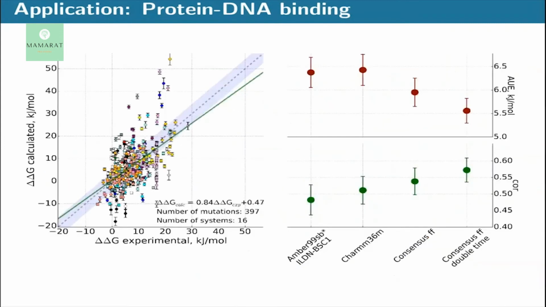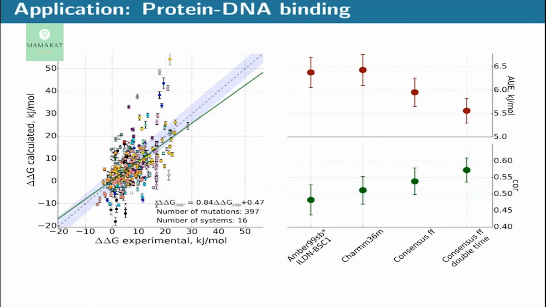And if we pool all of the data together from all of these systems, we can plot experimental versus calculated free energy differences. We can see that we get accuracies that on average would reach 5.5 kilojoules per mole error from the experiment.